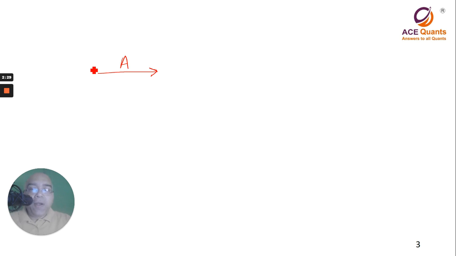But very important, every activity must have a start and every activity must have an end. The start and the end are called nodes. So for activity A, 1 is the start node, and 2 is the end node, also called the finish node.